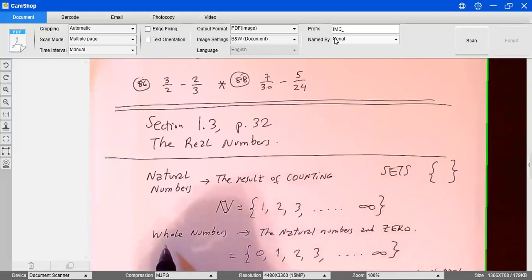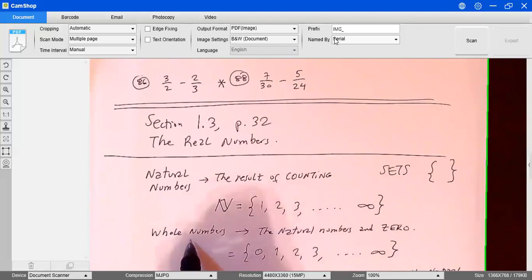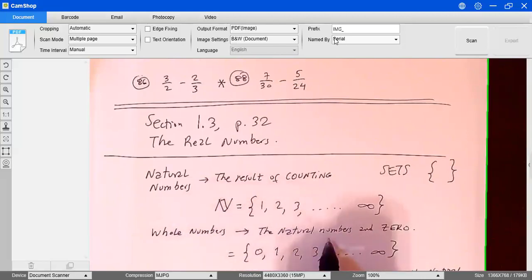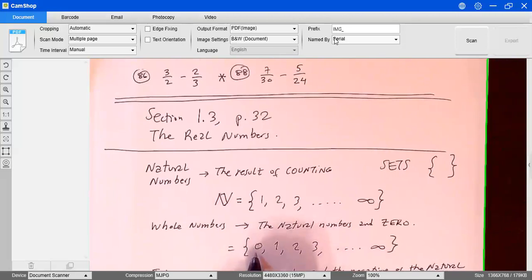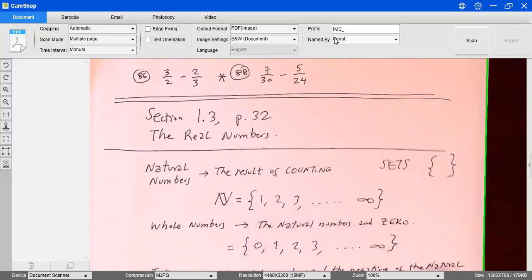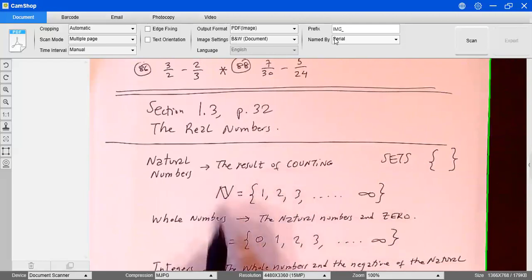That new set is the set of whole numbers. In other words, the set of whole numbers is just the natural numbers and 0. This is written just by including the number 0 before 1. Then this is the set of whole numbers. We don't have a calligraphic letter to represent whole numbers.